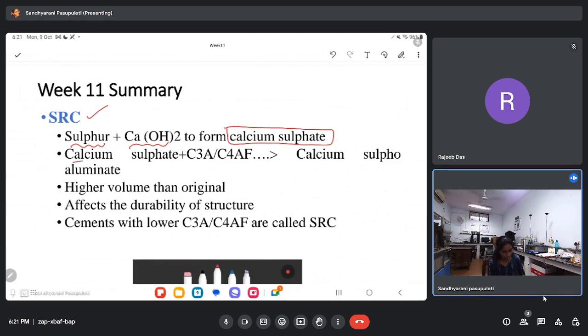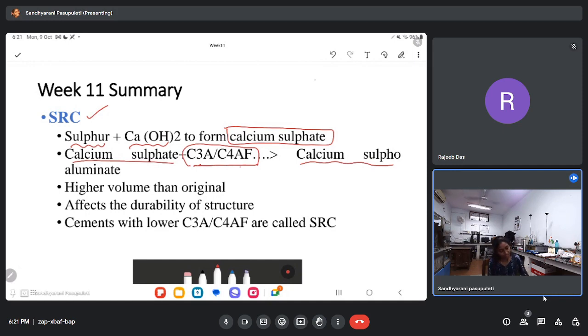Why? Because this calcium sulfate will react with the tricalcium aluminate or tetracalcium aluminoferrite. So the C3A and C4AF will react with the calcium sulfate and form a compound called calcium sulfoaluminate, and this calcium sulfoaluminate usually increases the volume of the structure compared to the original.